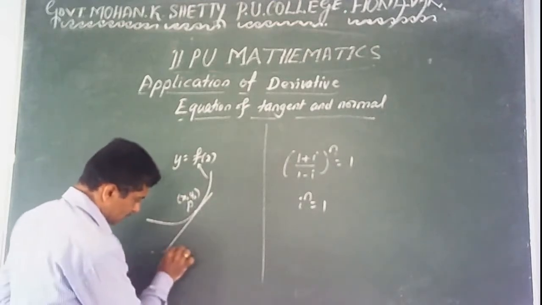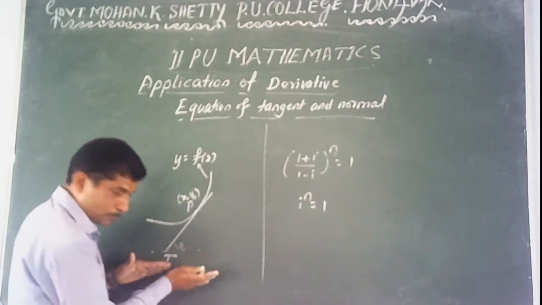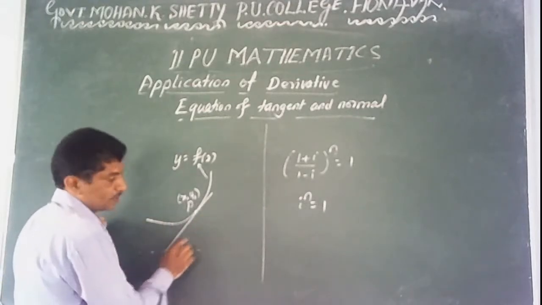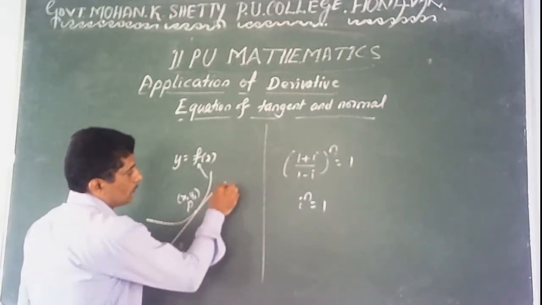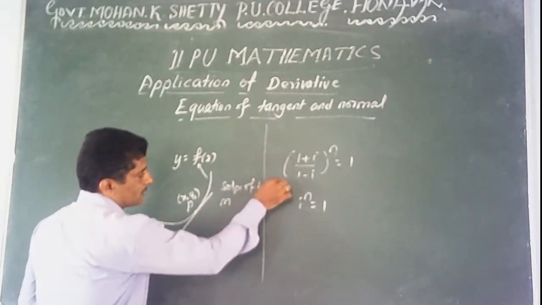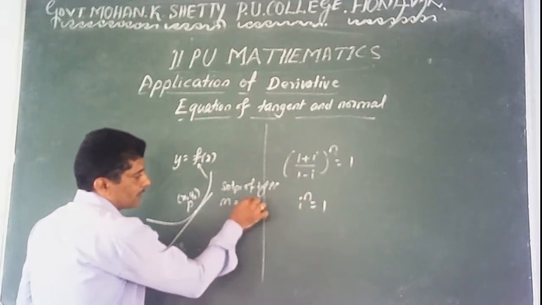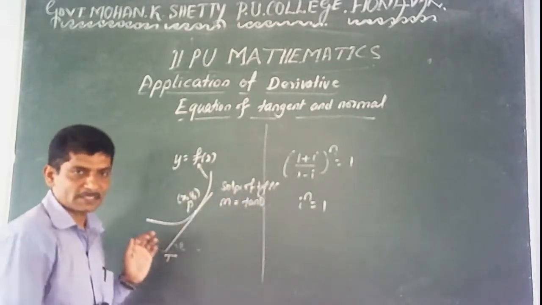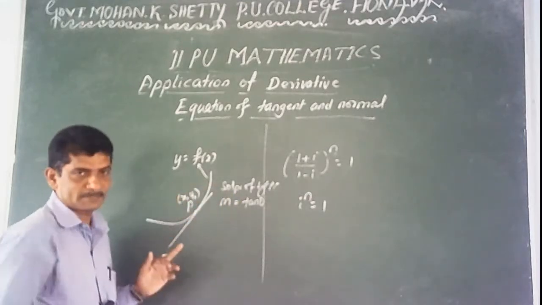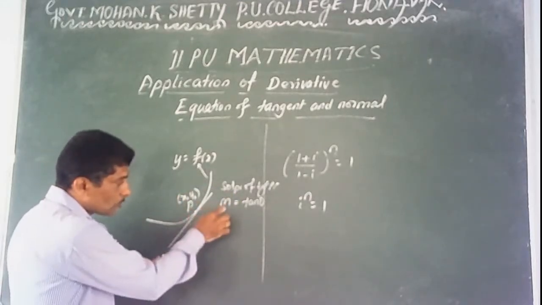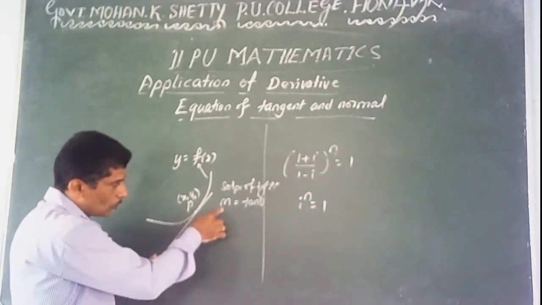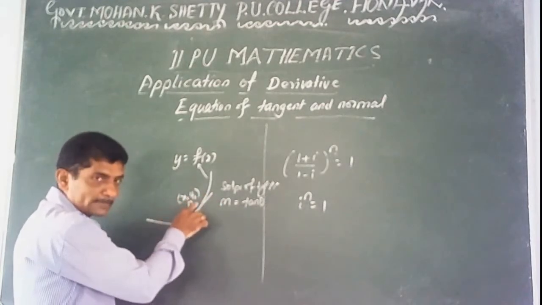Suppose this line makes an angle theta to the positive direction of the x-axis, then theta is called the inclination. The slope of the tangent PT, we write it as m, and its value is tan theta. Suppose m is the slope of the tangent PT. Then this line with slope m passes through the point (x1, y1).